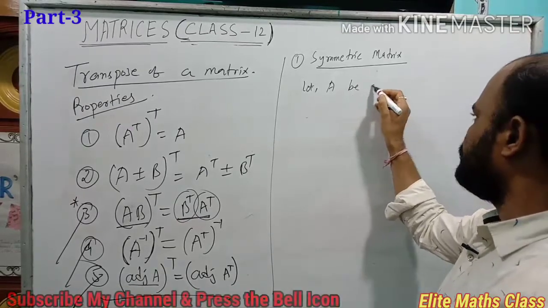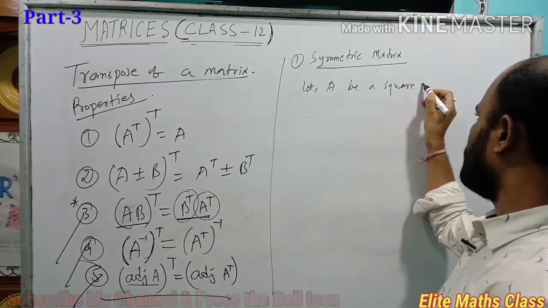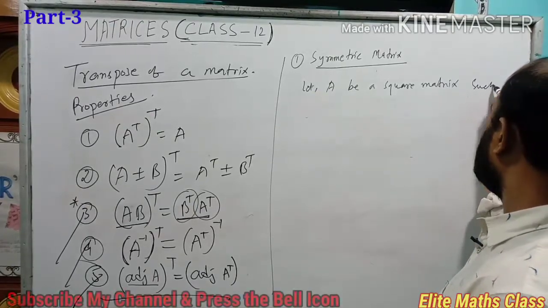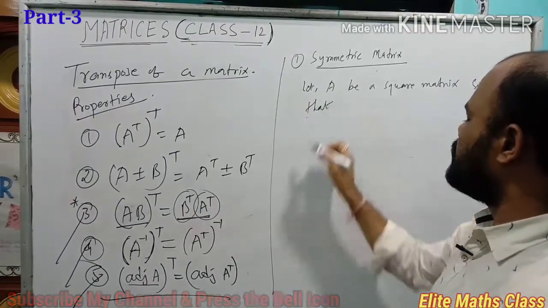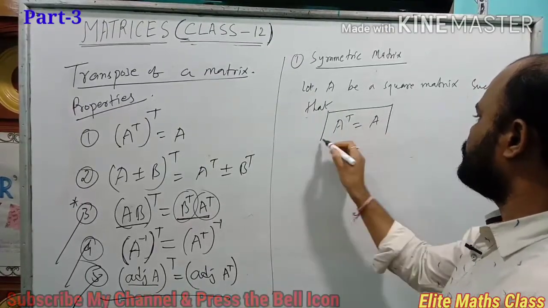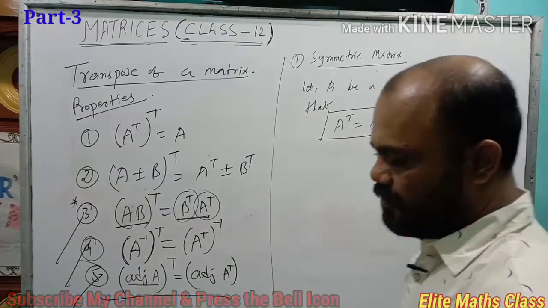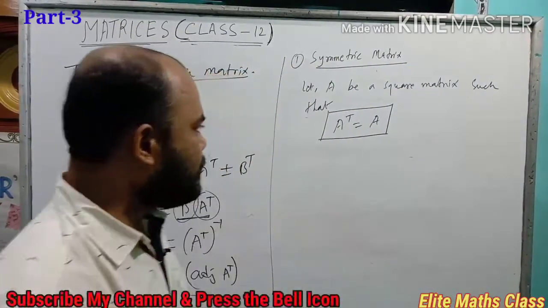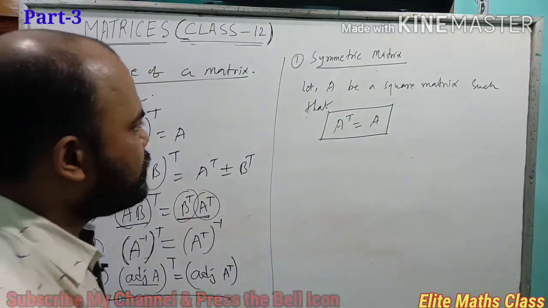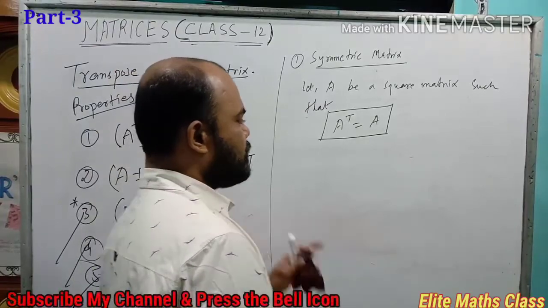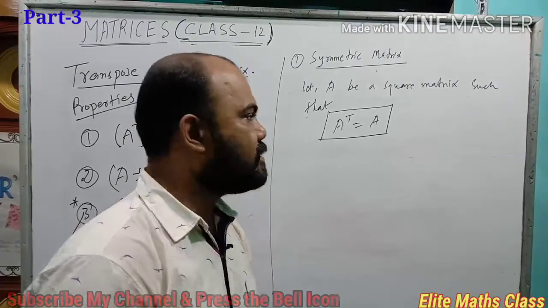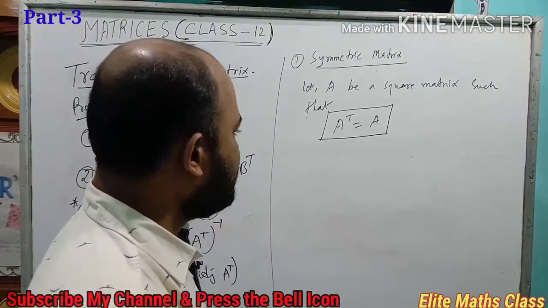Let A be a square matrix such that A transpose equals A. That means whenever a square matrix is given, you take the transpose, and after taking the transpose, if we see that the transposed matrix is the same as the original matrix, then this matrix is called a symmetric matrix.